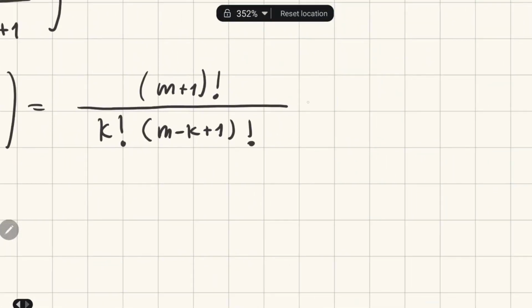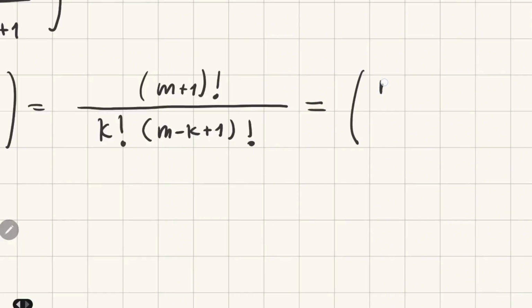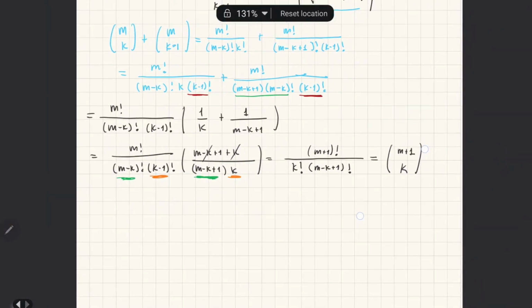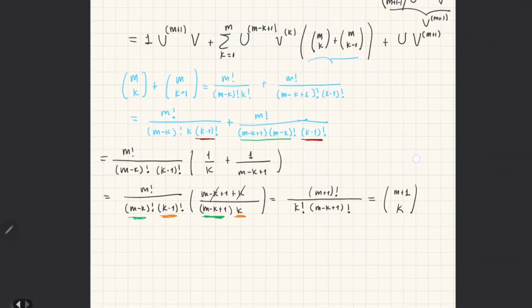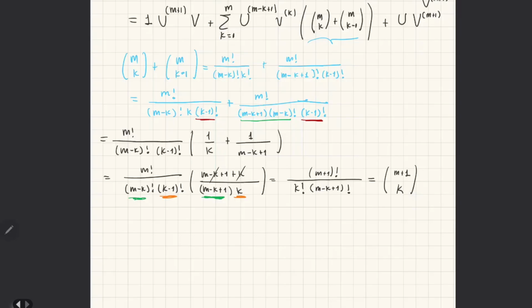Okay, and I think that this is equal to m plus 1 choose k, right? By definition. Okay, so we are going to rewrite the equation that we have.